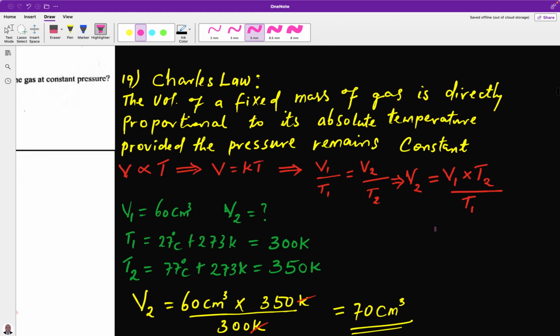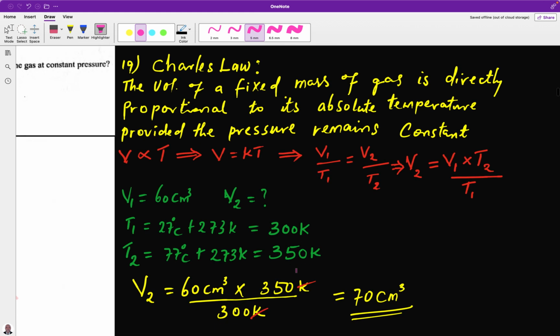And taking our data carefully, the initial volume was 60 cm cube. We are looking for V2, which is the final volume. The initial temperature was 27 degrees Celsius. We must make it Kelvin by adding 273, which will be 300 Kelvin. Now, the final temperature was 77. We must add 273 there, making a total of 350 Kelvin.